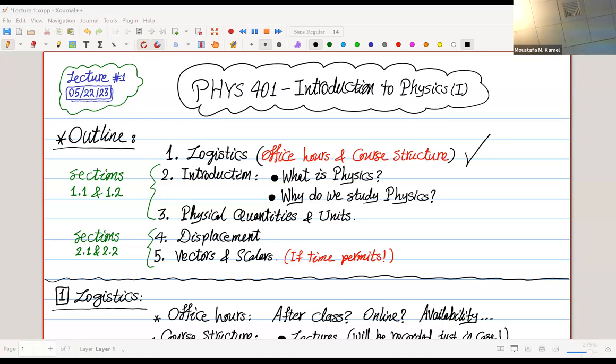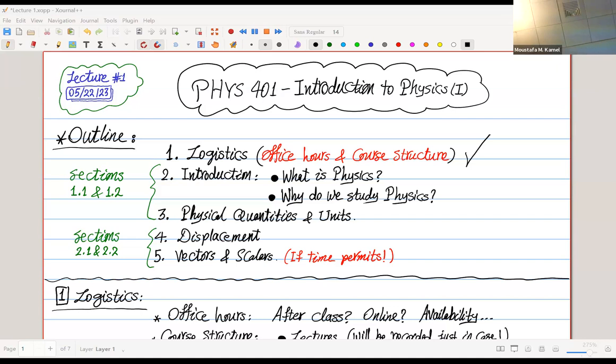We're not covering two-dimensional kinematics, so chapter 3 is skipped. Chapter 4, forces and Newton's laws of motion, we will cover that. We will probably not cover chapter 5, or we can cover a section from it about drag forces. Chapter 6, we will skip entirely. Chapter 7, we will cover most of it.